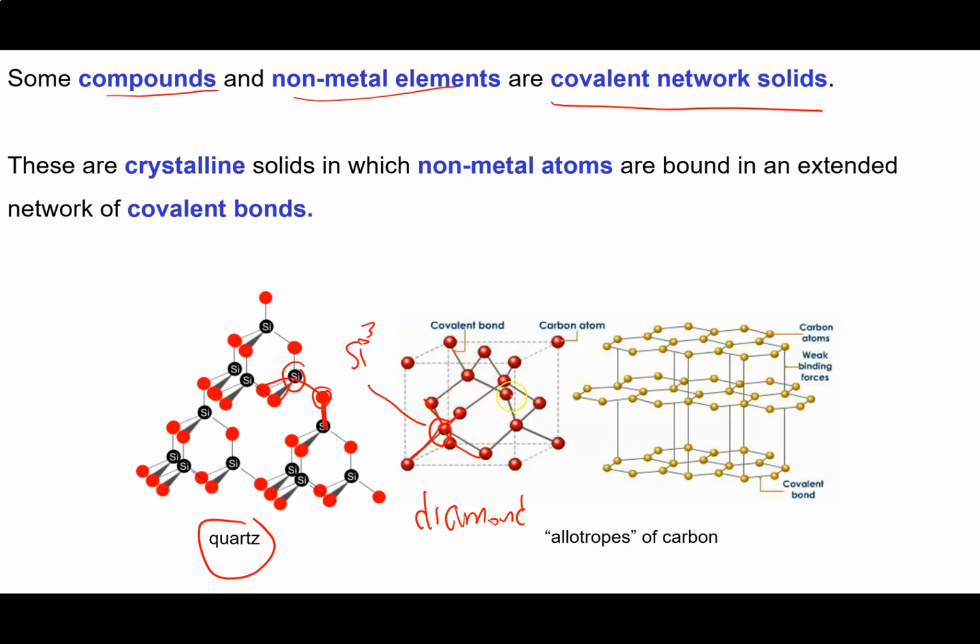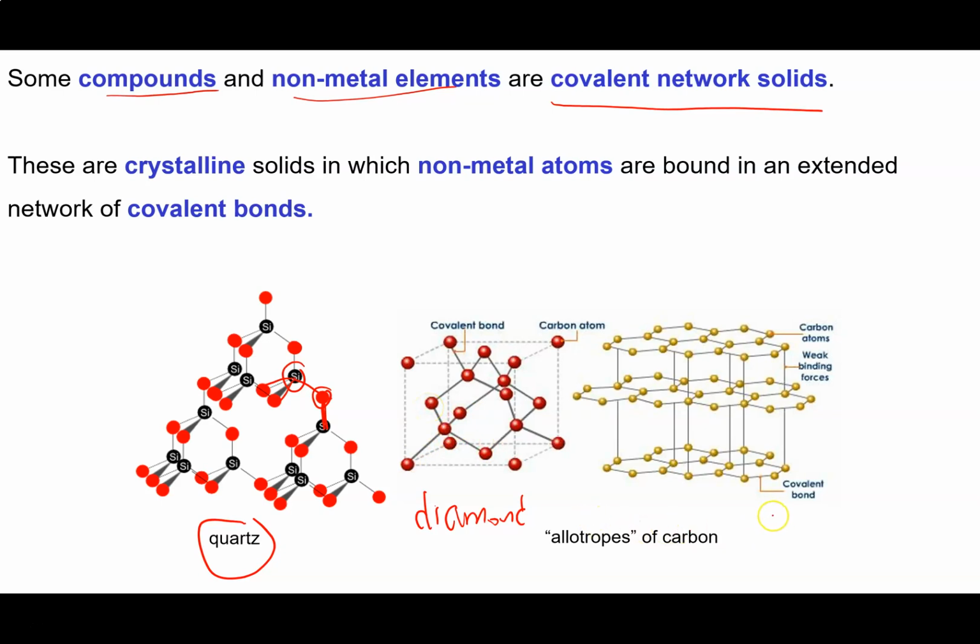Every carbon atom is connected in a tetrahedral fashion to four others, and that creates a very rigid, very hard structure. Diamond is the hardest known substance, with a hardness of 10 on the Mohs hardness scale. And you can kind of understand why this is the case: there are very strong covalent bonds linked in a network throughout the whole thing.